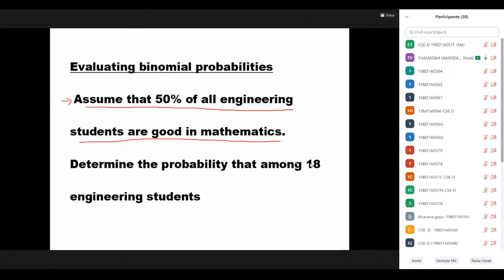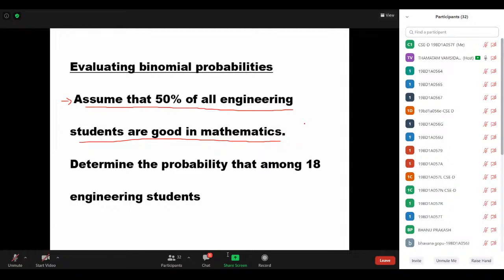Now, Bhavana, tell me what is the n in this problem? Yes, 18, exactly. Very good. Small n is 18. Here the random variable x is the number of students good in mathematics.